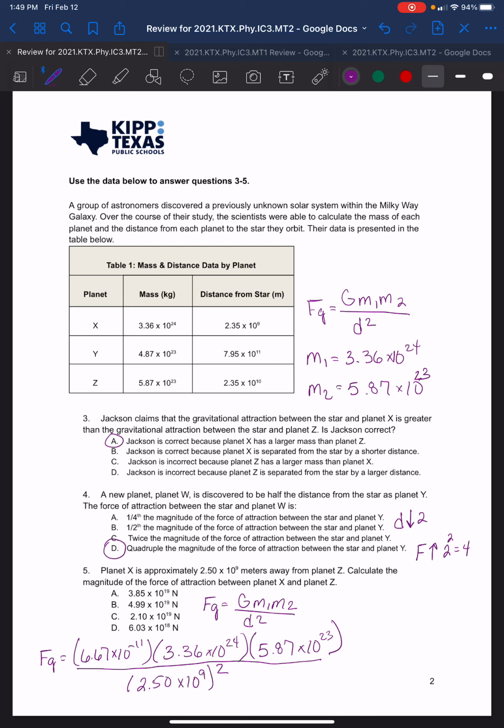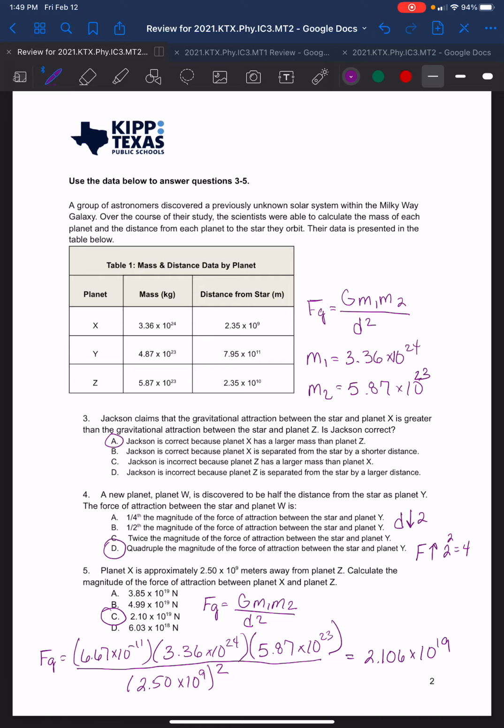So when you put that in a calculator and do the math, you end up with 2.106 times 10 to the 19th. And so that turns out to be answer choice C.